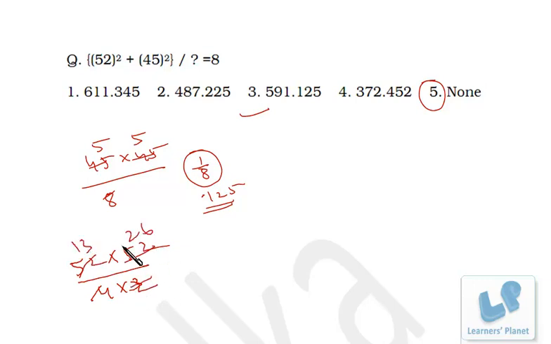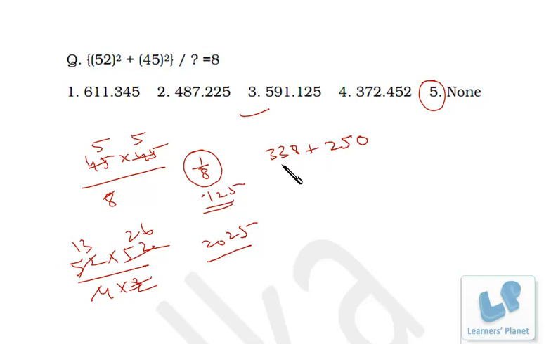So that is 13 into 13 into 2, that is 169 into 2, that means 338. And 45 square you must be knowing, we have already discussed this in our basic session, how to find the square of a number ending with 5. So that's 2025. If we divide it by 8, the remainder is 1, which we have already calculated, and the quotient will be around 250 or 252.